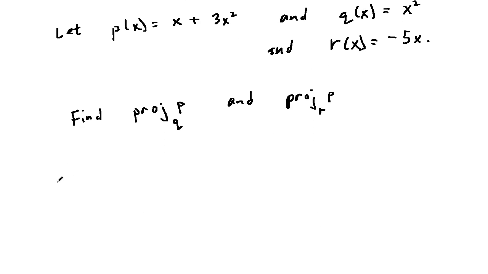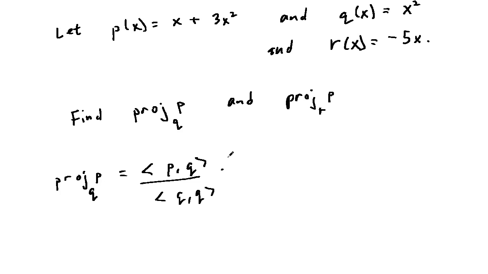Okay, so let's look at the first one, projection of P onto Q. That's the inner product between P and Q divided by the inner product between Q and itself times Q. Now let's rewrite P with all the coefficients.